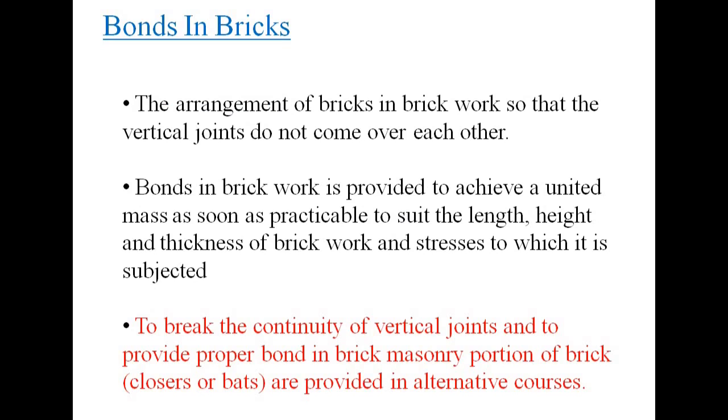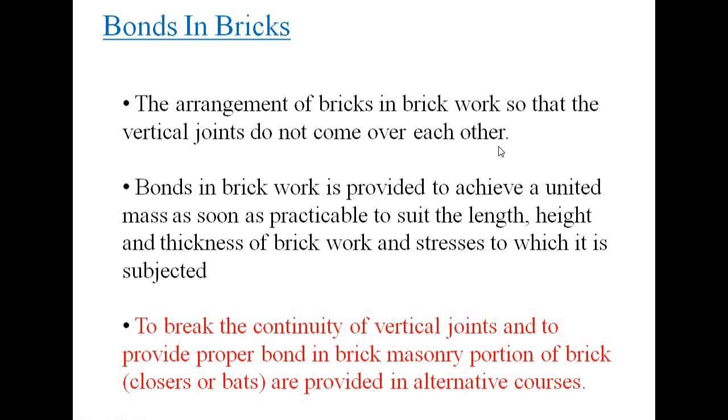Now we have seen the three types of bricks according to shape. Now we are going to discuss bonds in bricks. A bond is the arrangement of bricks in brickwork so that the vertical joints do not come over each other.